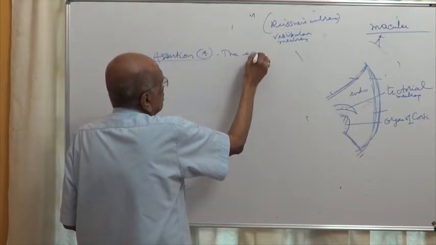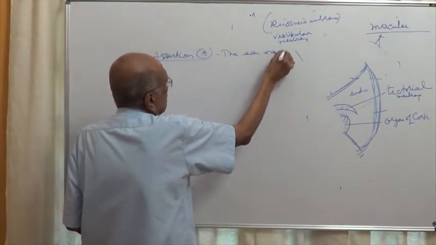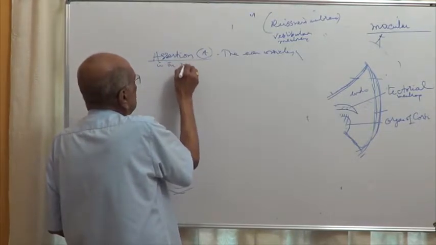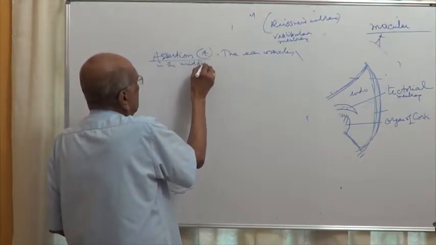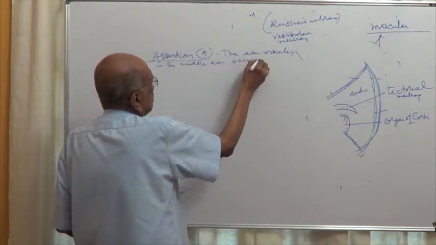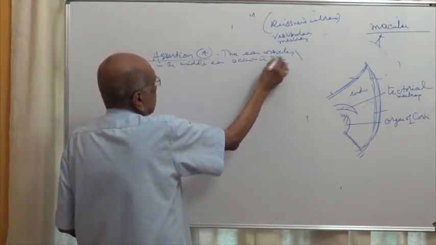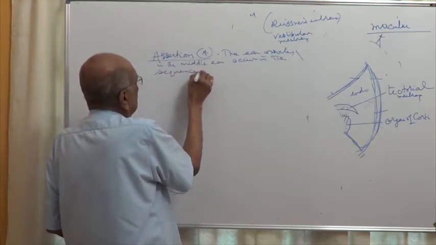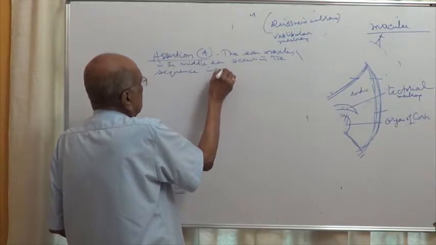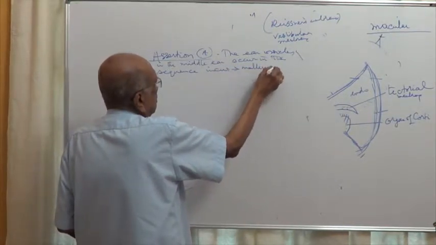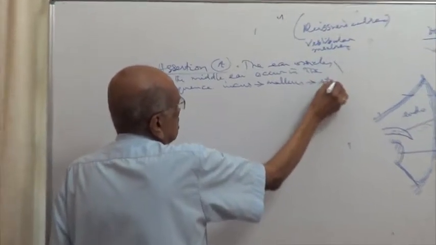Assertion: The ear ossicles in the middle ear occur in the sequence incus, malleus, stapes.